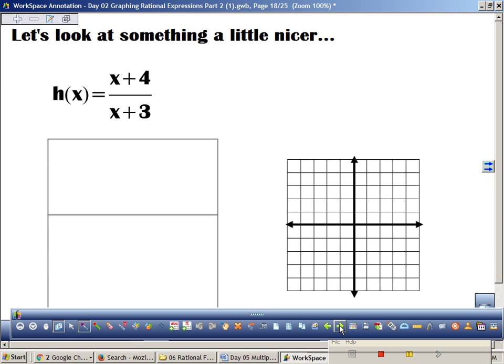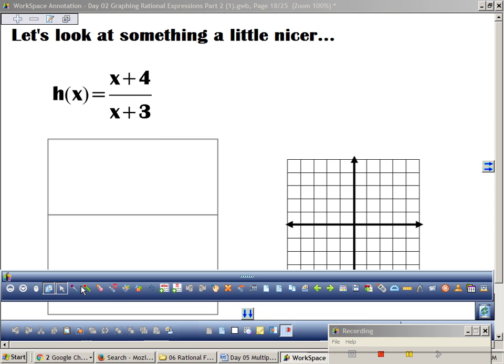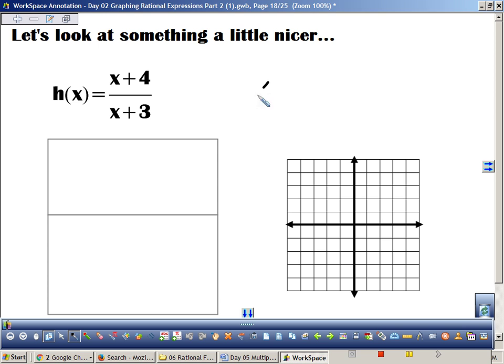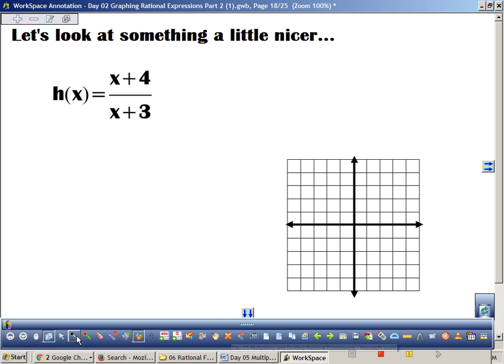Okay. All right, so let's look at something a little nicer. If I were to rewrite this, it would be x plus 4. I'm just going to write it here. I'm going to just cover this up. I don't need it.